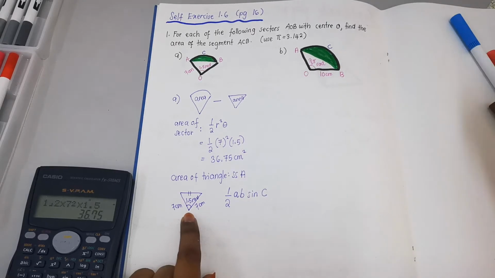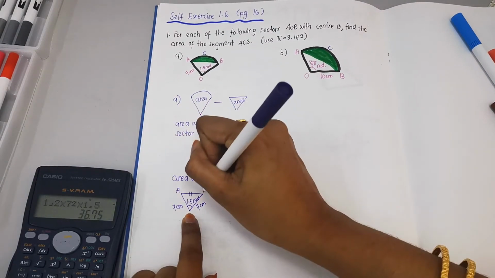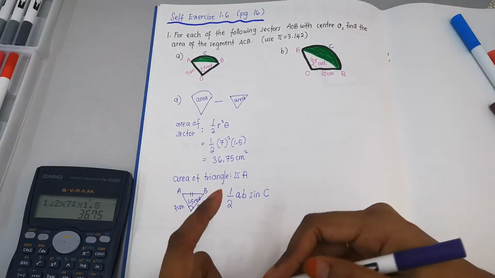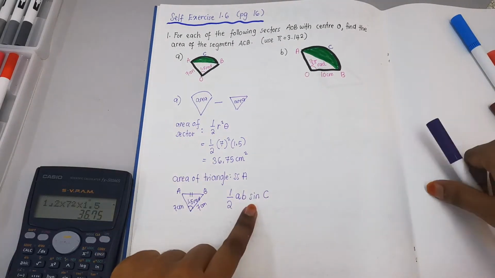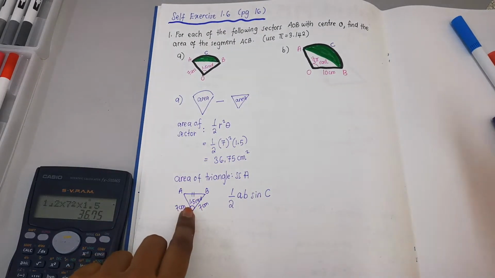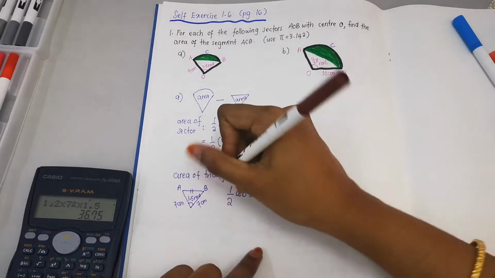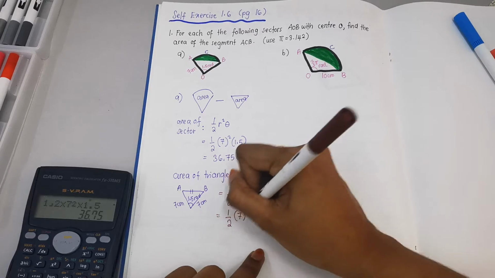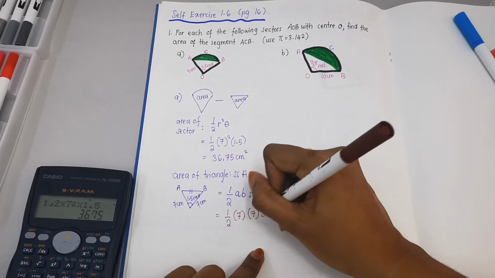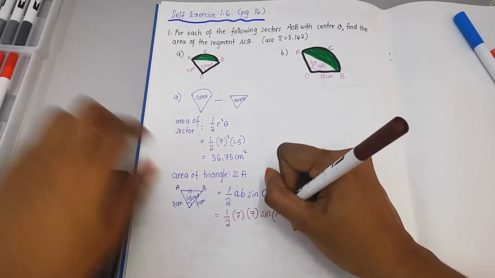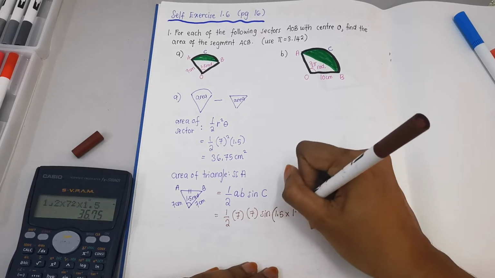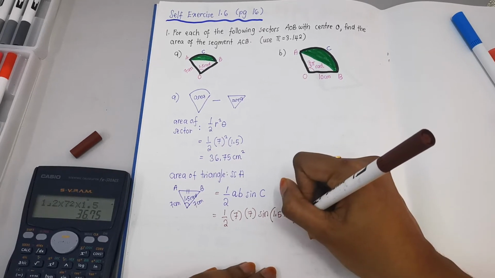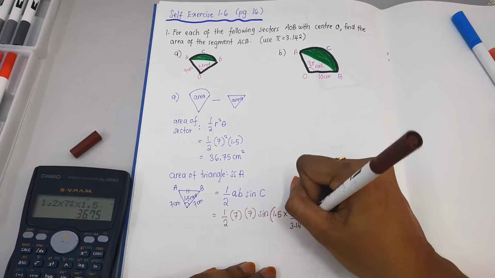times the side times sine of the angle. So in this case, we want to find the area using AB. Since we want to use sine, we have to change our radian to degree. So it's going to be 1 over 2 times 7 times 7 times sine of angle, changing 1.5 times 180 over pi. For pi, I'm going to use 3.142.